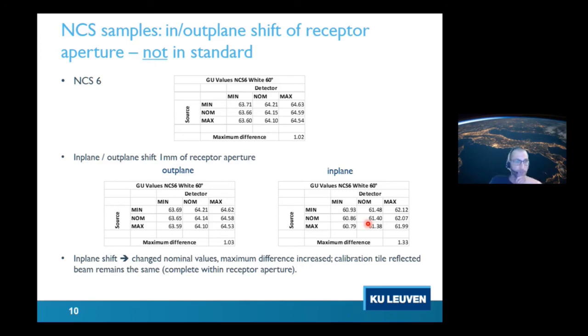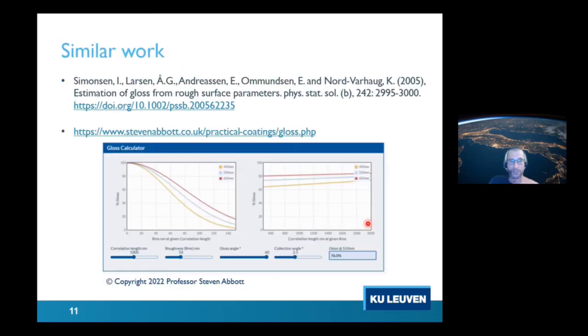And then, of course, what we did was use a commercial ray tracer. Not everybody has access to this kind of ray tracing simulation. But there's a paper published in 2005 on estimating gloss from surface roughness parameters, and there's also a website where you can fill in your surface roughness parameters if you have them for a certain sample.